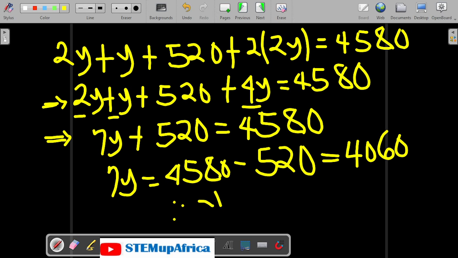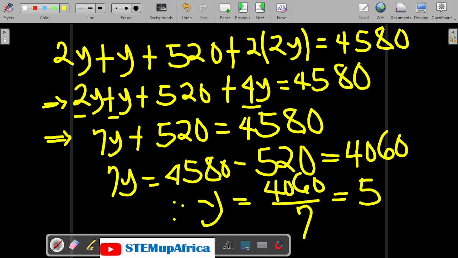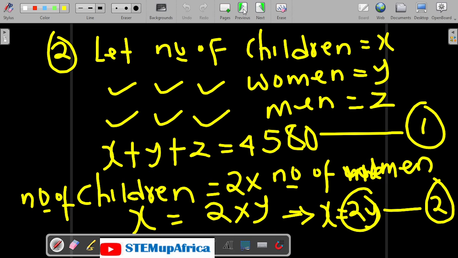Therefore, my y is simply 4,060 divided by 7. If I divide that by 7, y will give me 580, which is the number of women that took part in the exercise, 580.